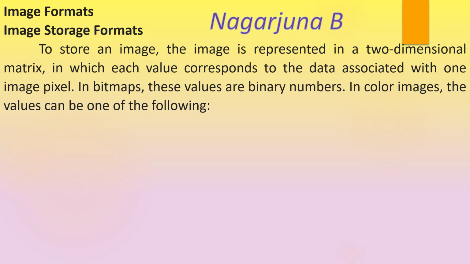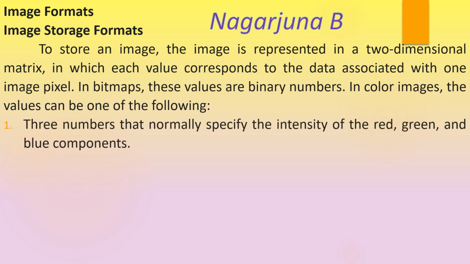Whereas in case of color images, the values can be one of the following. The first one is three numbers that normally specify the intensity of red, green and blue components, because a color in a television is created by using a combination of RGB components, that is the red, green and blue color intensities create a color in a television.